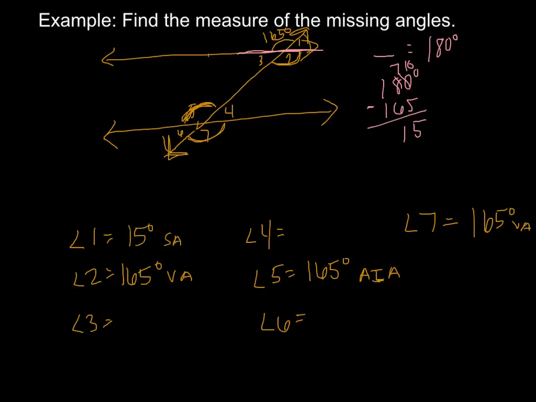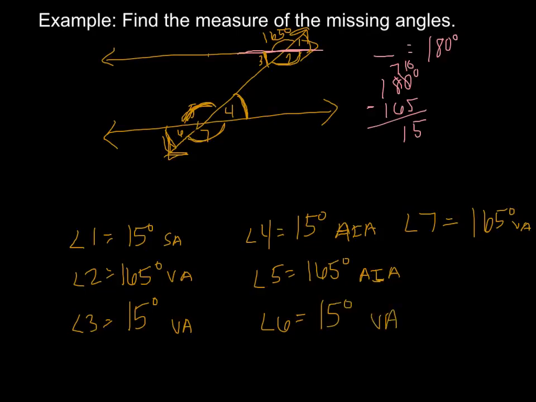If 1 is 15, we know 3 is also 15 because of vertical angles. If 3 is 15, then 4 is also 15 degrees because of alternate interior angles, AIA. And if 4 is 15, we know 6 is 15 degrees because of vertical angles.